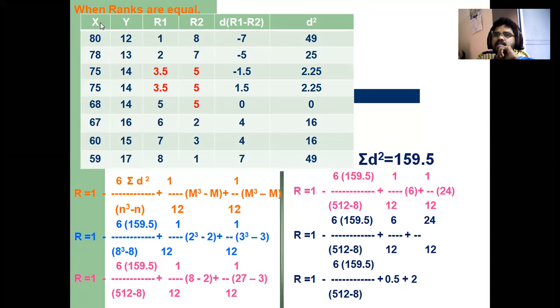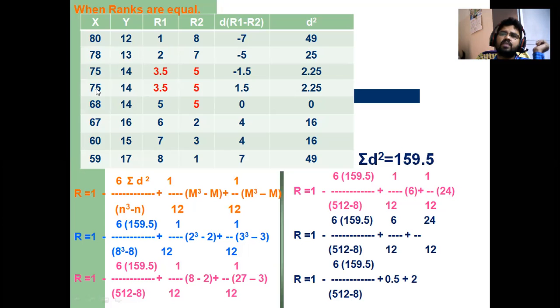Then how can we give the ranks in the first one? That is R1. Within the X subject, who got the highest marks? 80 is the highest, so we give the first rank. The second highest is 78, so we give the second rank. Then the third highest marks are 75 and 75.